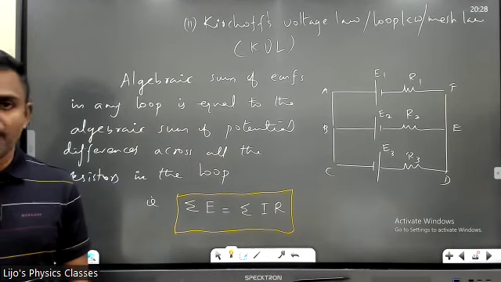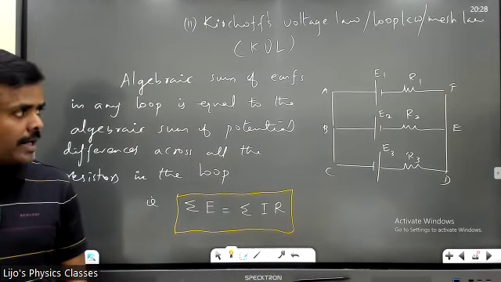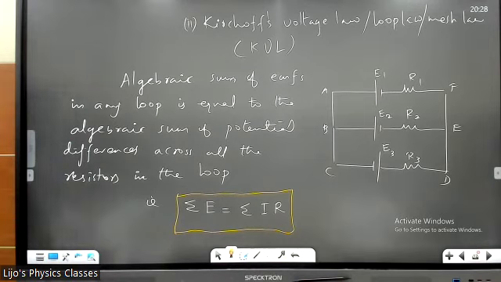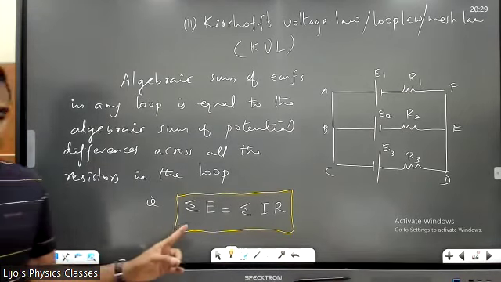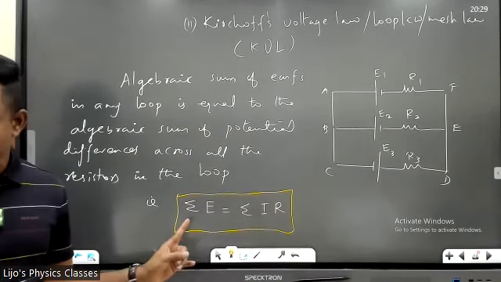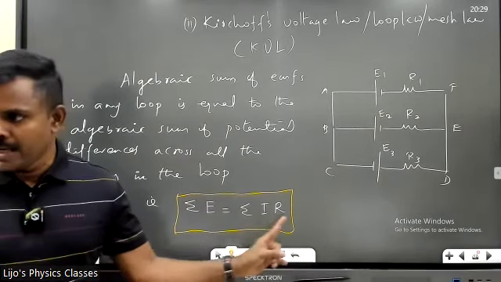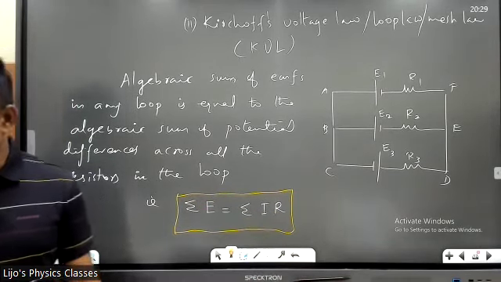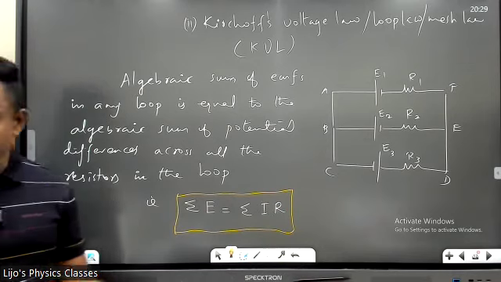EMF means electromotive force. That is, sigma E is equal to sigma IR. Sigma E means algebraic sum of EMFs. Sigma IR means algebraic sum of potential differences. Yes, I1 R1. But there is an easy way to do it.